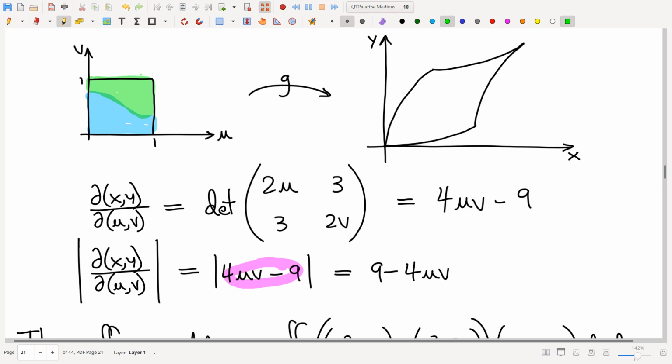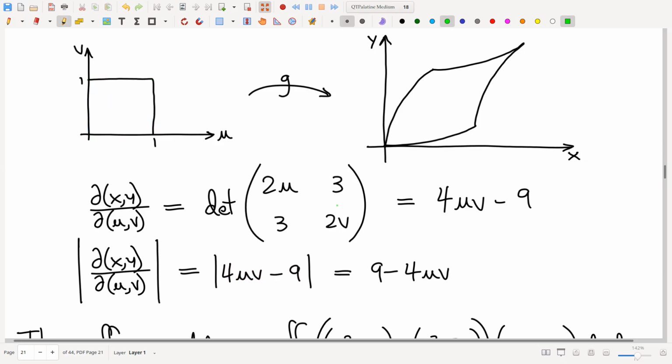Where the stretching factor, or this expression, is positive, it is its own absolute value, and I would have one calculation to be done there. And then on the other region, I would have a whole separate calculation. So stuff like that's annoying. I'm not going to worry about that in this course. I don't think it's even going to come up. But anyway, that's what you would have to do.